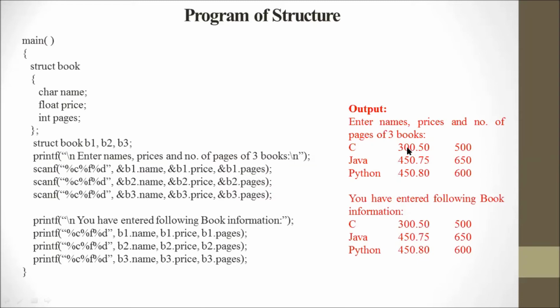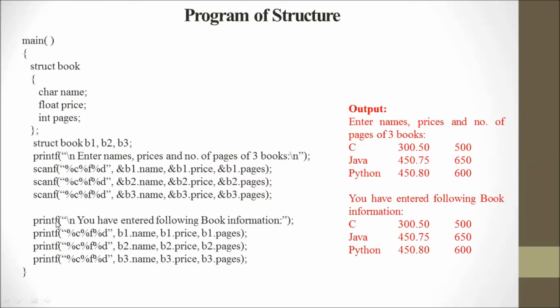So here we see in the output, first we input the C, and 300.50 is the price of the C book and 500 pages of the book. The second will also scan the data Java, and the third will also scan or store the third book.